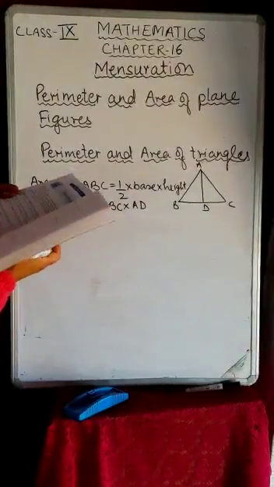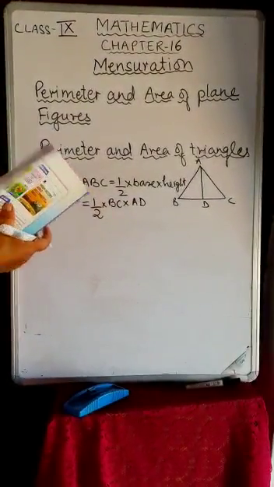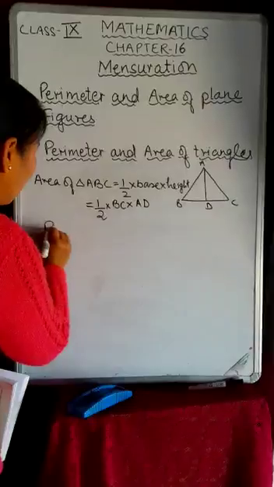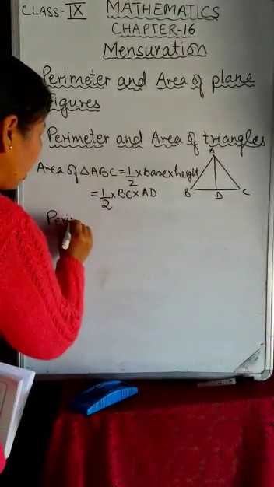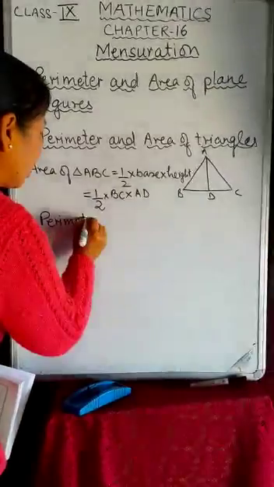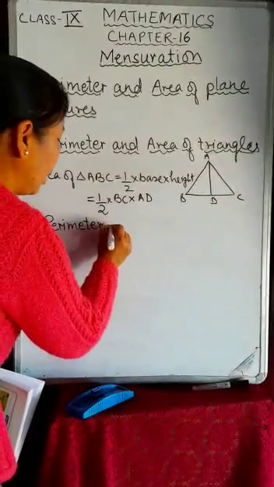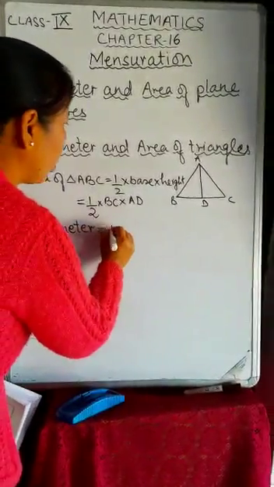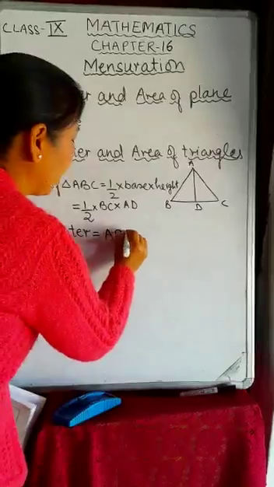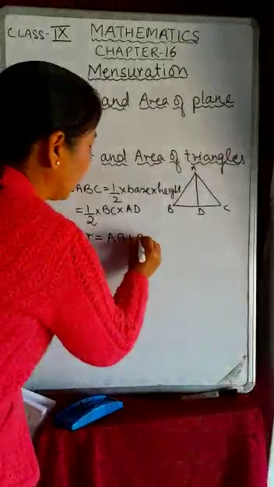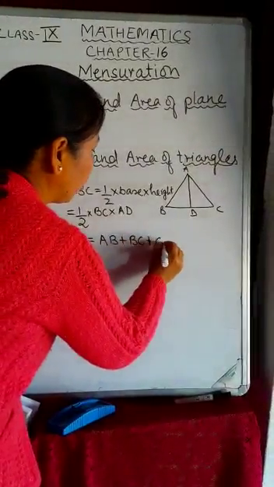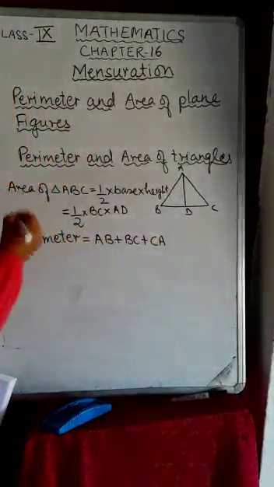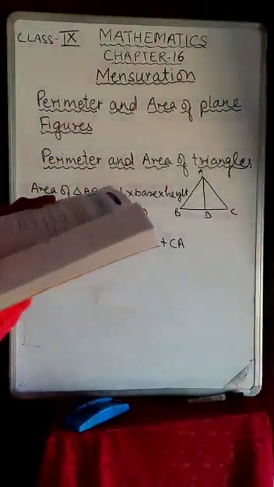Now the next is, if we have to find out the perimeter of this figure, then the perimeter, as I told you, is the sum of all the three sides. So perimeter equals the length of AB plus the length of BC plus the length of CA. This is the perimeter of this triangle.